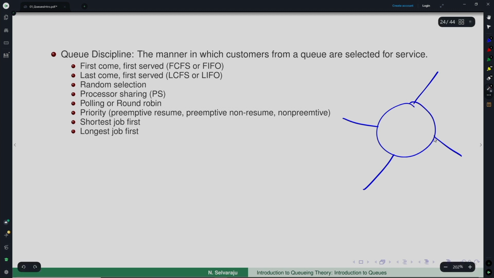After serving one customer, he may move to one customer here, then to another customer here, then one customer here, then come back to this again. Or it could be a group of customers. That group you could decide either by group size or by time duration, right. For example, if you are looking at a traffic junction, this typically is what you are seeing. So, this is the scenario which is called polling or round robin.